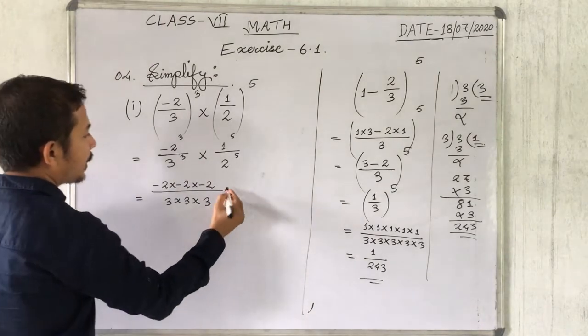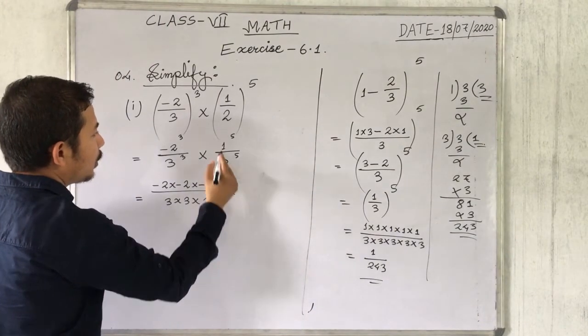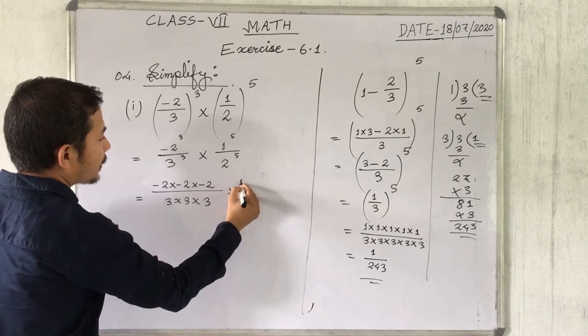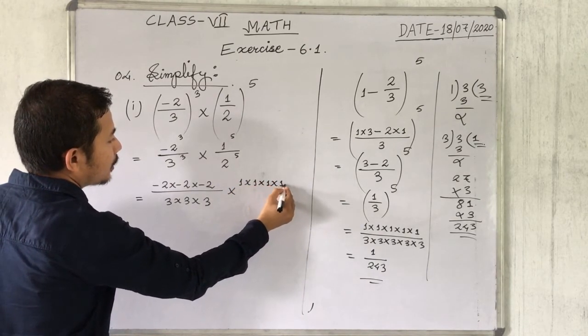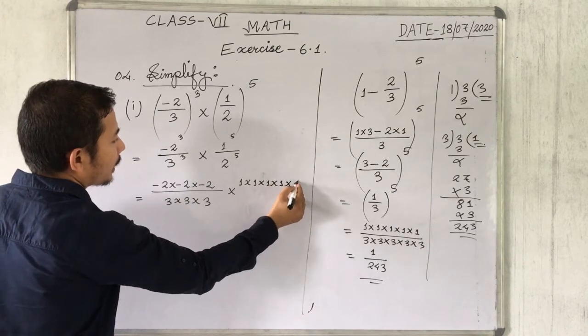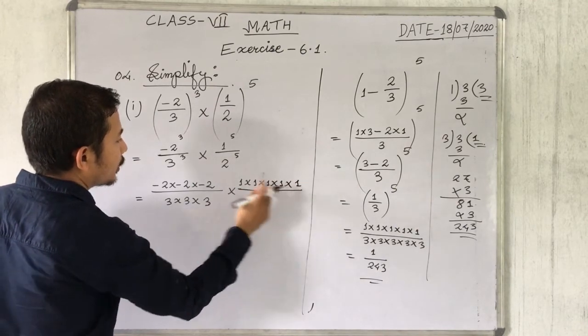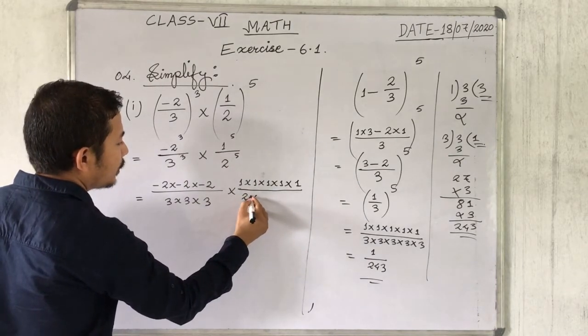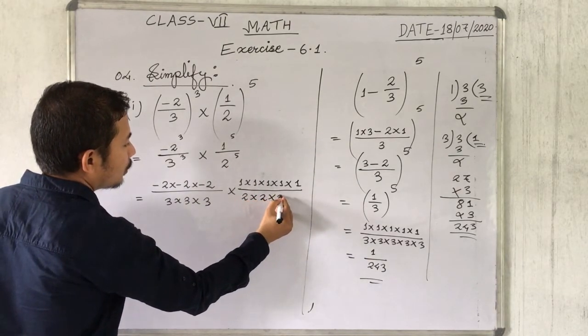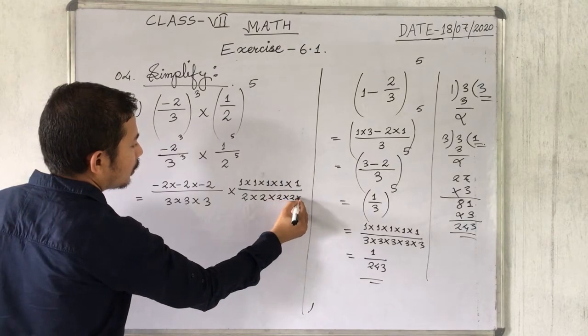Now look at here, 1 to the power 5 means 5 times we have to multiply 1. And denominator 2 to the power 5 means 5 times we have to multiply 2.